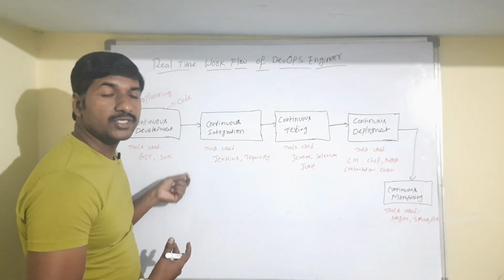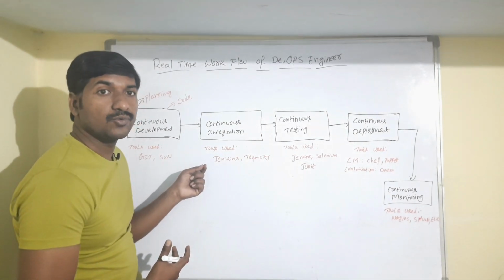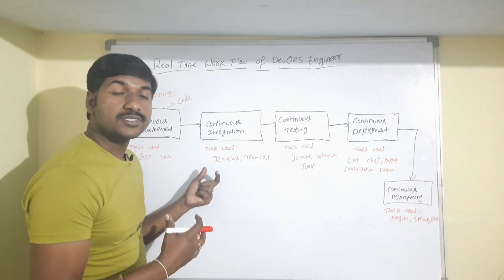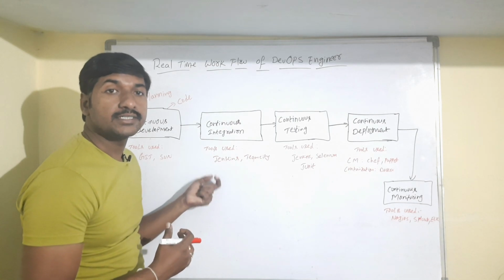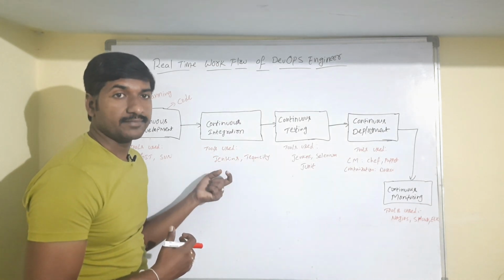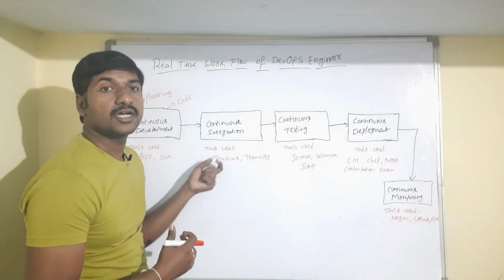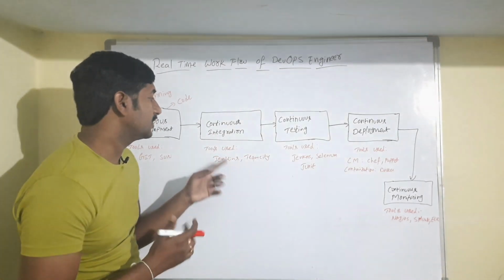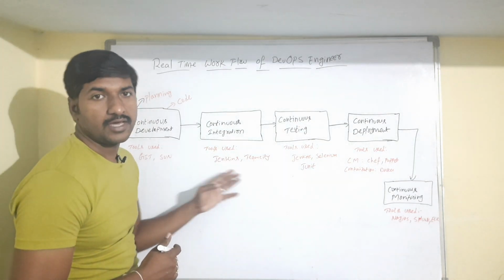After that, by using Jenkins tools, we have to integrate. Here we are using Jenkins tools to create a CI/CD pipeline, continuous integration and continuous deployment. The tool mostly used here is nothing but Jenkins or TeamCity.